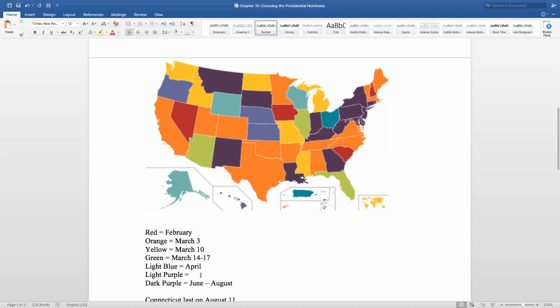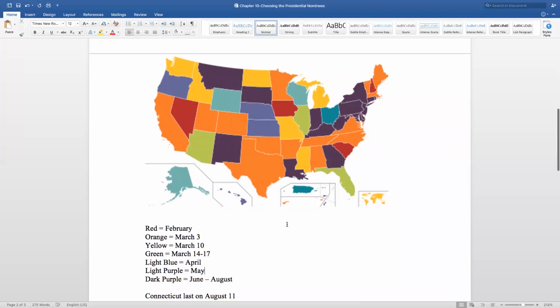And then you have light blue in April. I forgot to put, this is May. Light blues are in April, and then light purple is in May. So you see a few light purple states. And then you have the dark purple right here. These states, June and August, haven't gone yet.